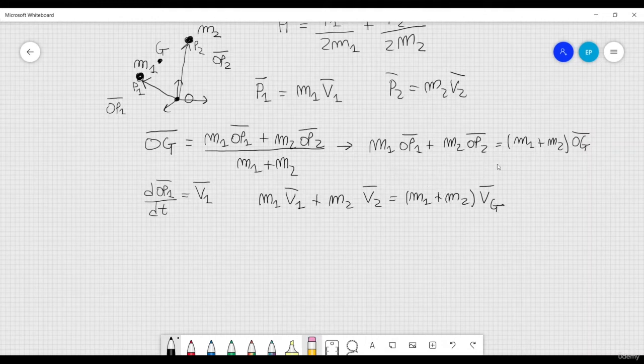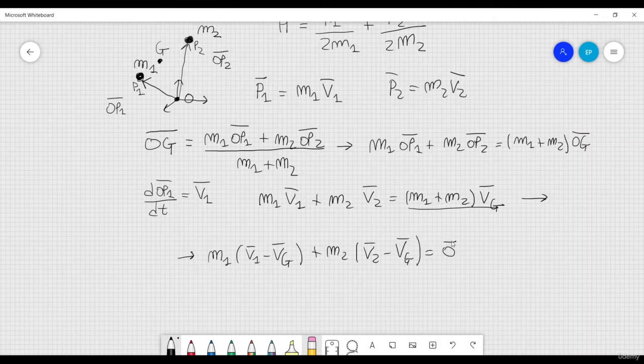Now I can also rewrite it like this. If I take these quantities over to the left hand side, I will be able to rewrite it as m1 times (v1 minus vG) plus m2 times (v2 minus vG) equal to 0.